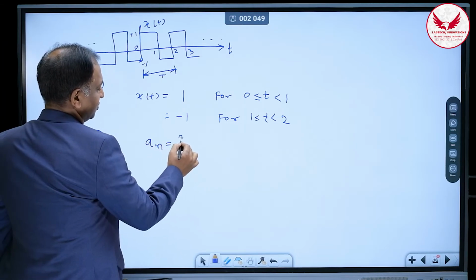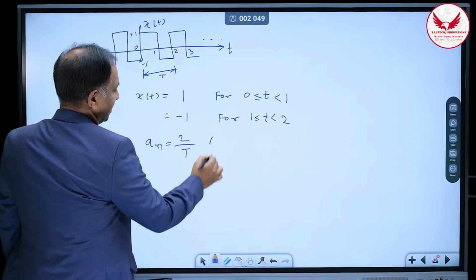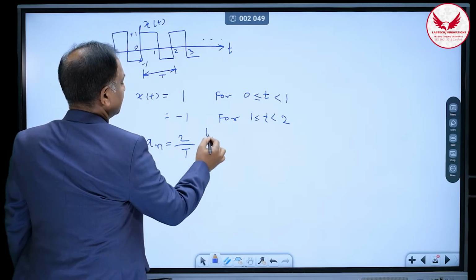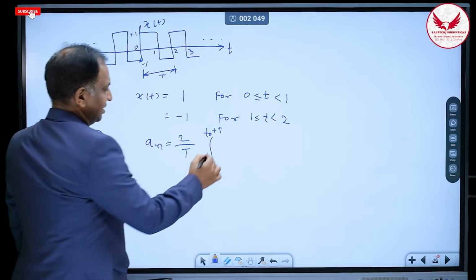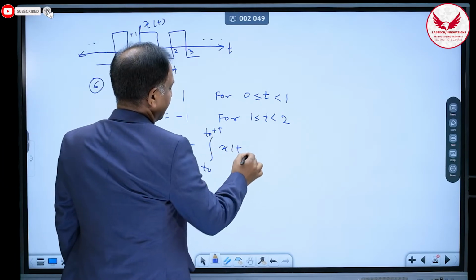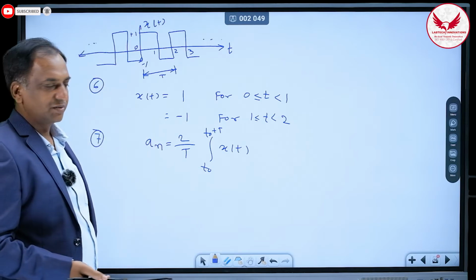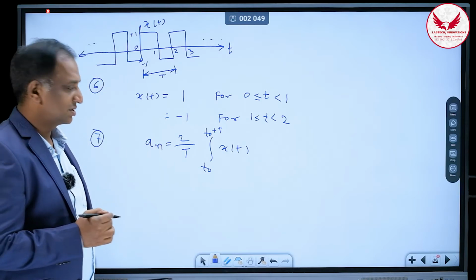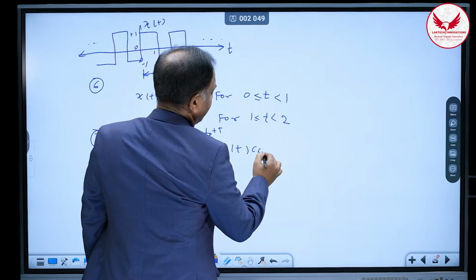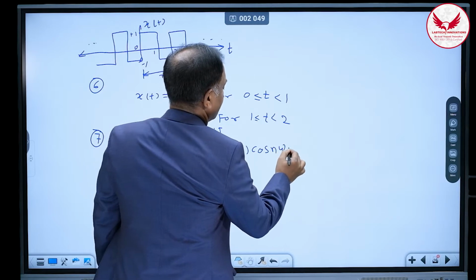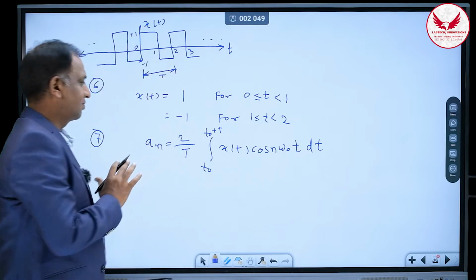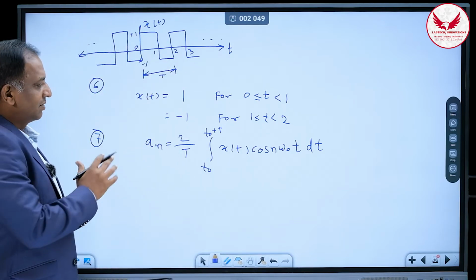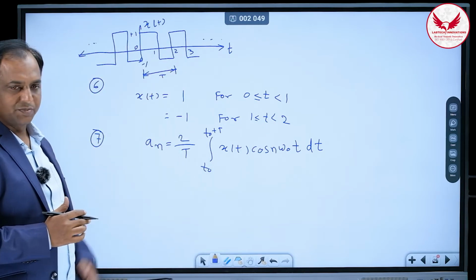So this is equal to 2 upon capital T, integration from t0 to t0 plus capital T, for one complete period, of x of t times cos n omega 0 t dt, because we know an is an even coefficient and it is associated with the cos term. This is the formula for the an, and we will find the an coefficient here.